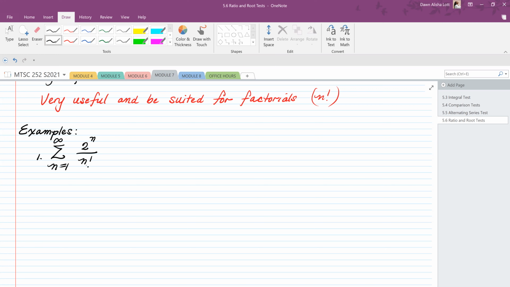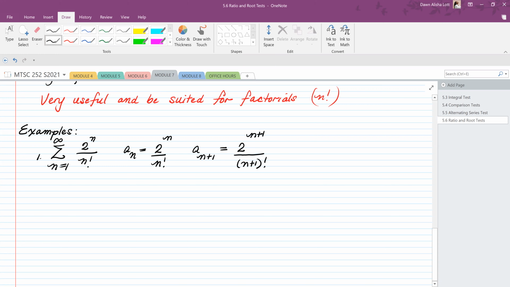And so when we do this, we see that an is 2 to the n divided by n factorial. So now we need to find an plus 1. That is 2 to the n plus 1 divided by n plus 1 factorial.